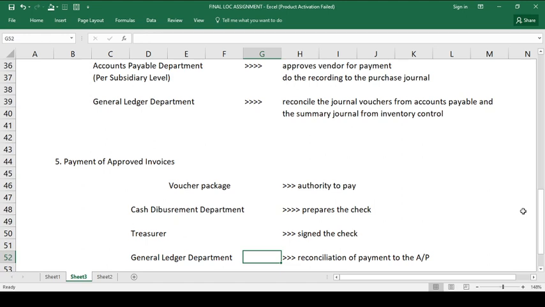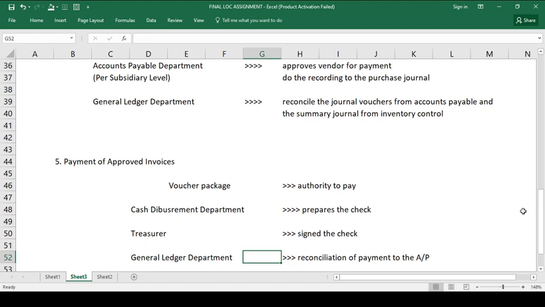So again, the approval of invoice is the one that prepares the voucher package because the voucher package is the document authorizing the disbursement department to prepare the check. Once the disbursement department receives the voucher package, the disbursement department prepares the check for the purpose na mapapirma sa treasurer.